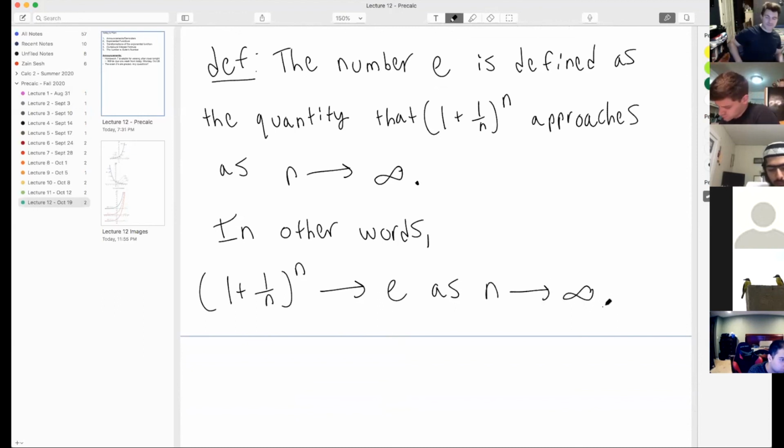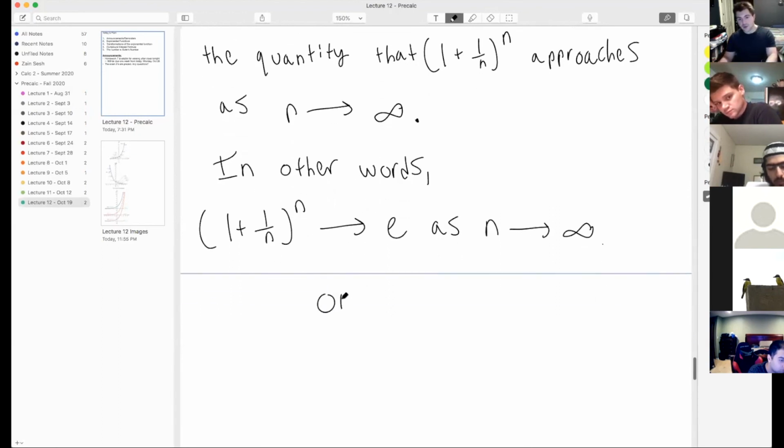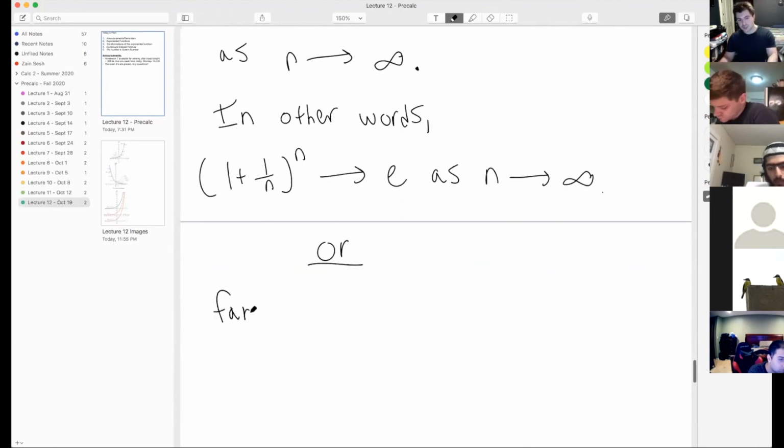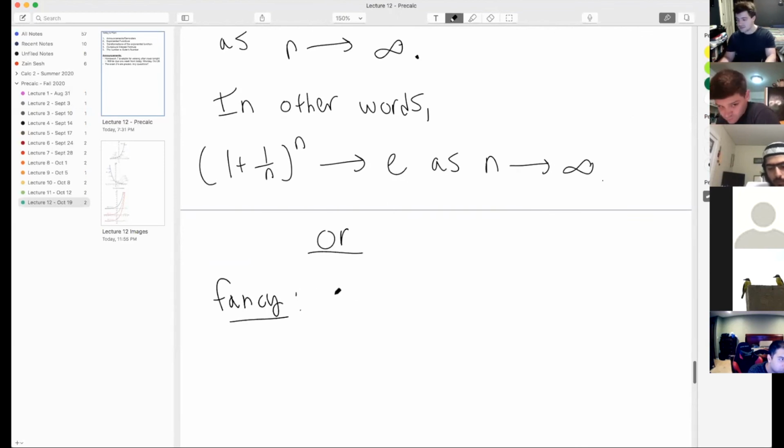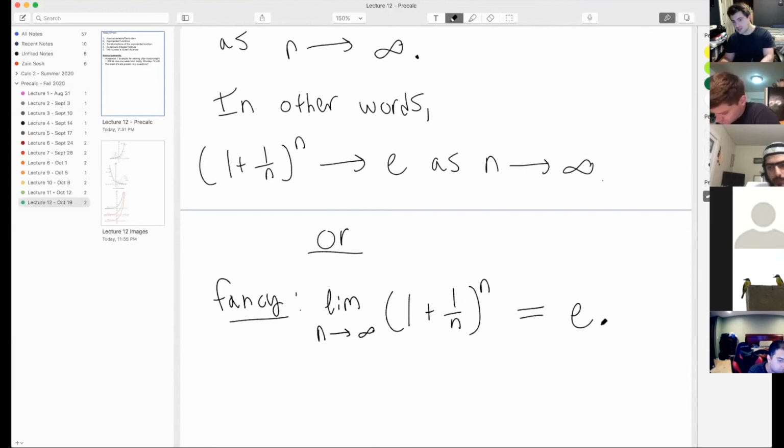So it's defined to be this limiting quantity that you get when you make n larger and larger. Or if you want to be even fancier, you can also phrase this in the language of calculus using limits. This would be the limit as n goes to infinity of 1 plus 1 over n to the nth power. This is by definition E.